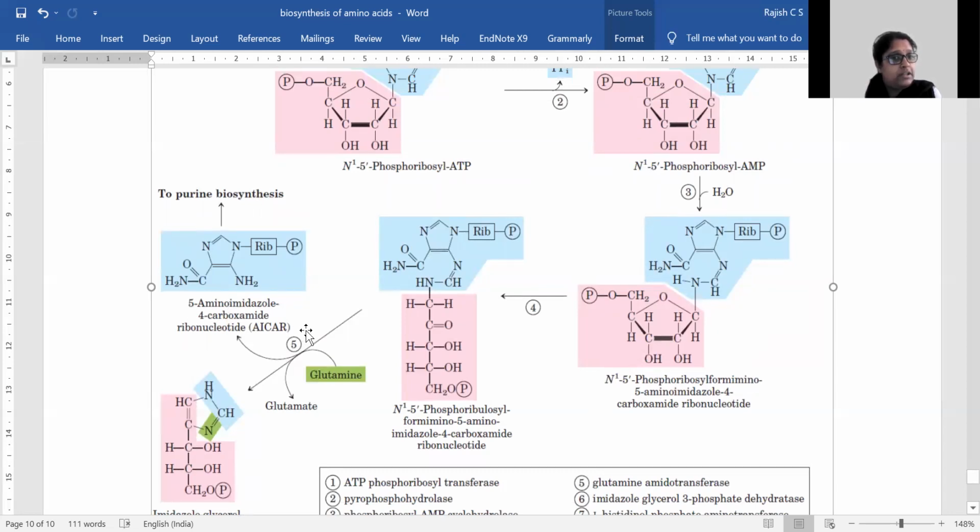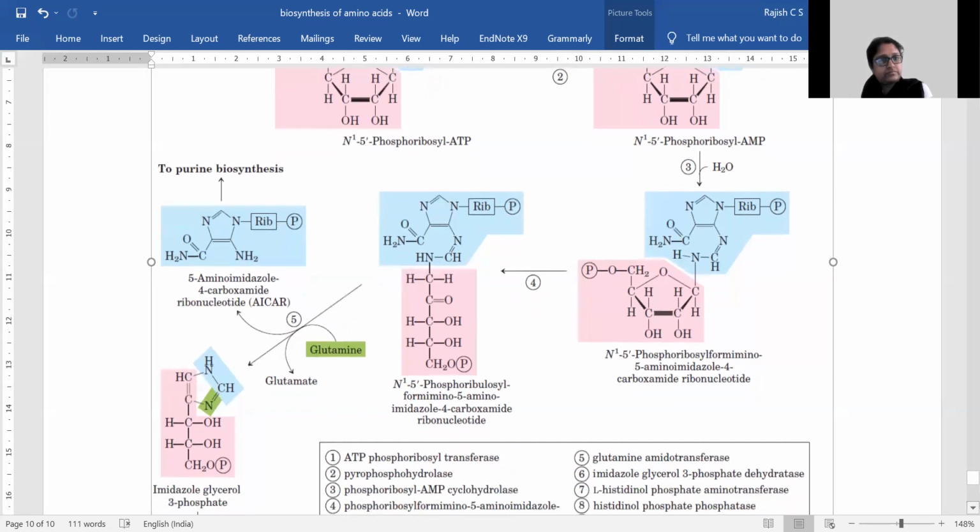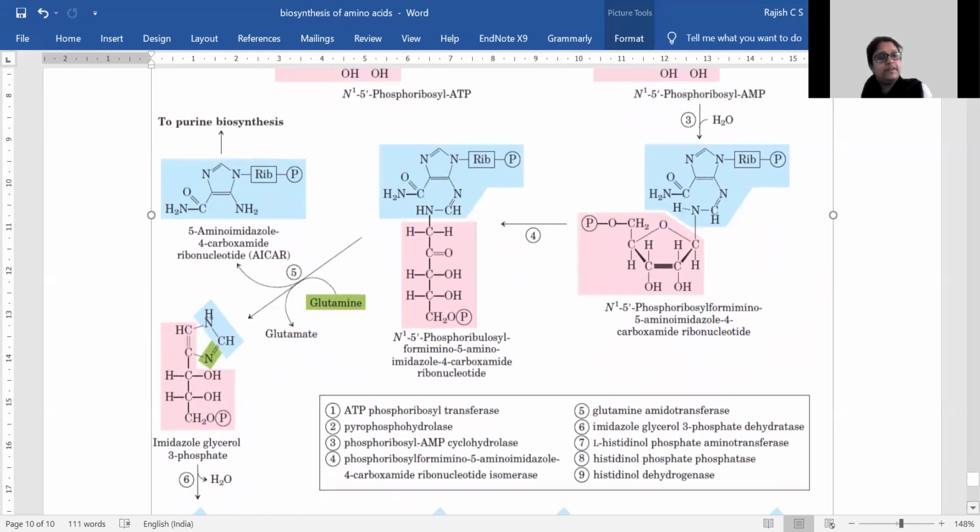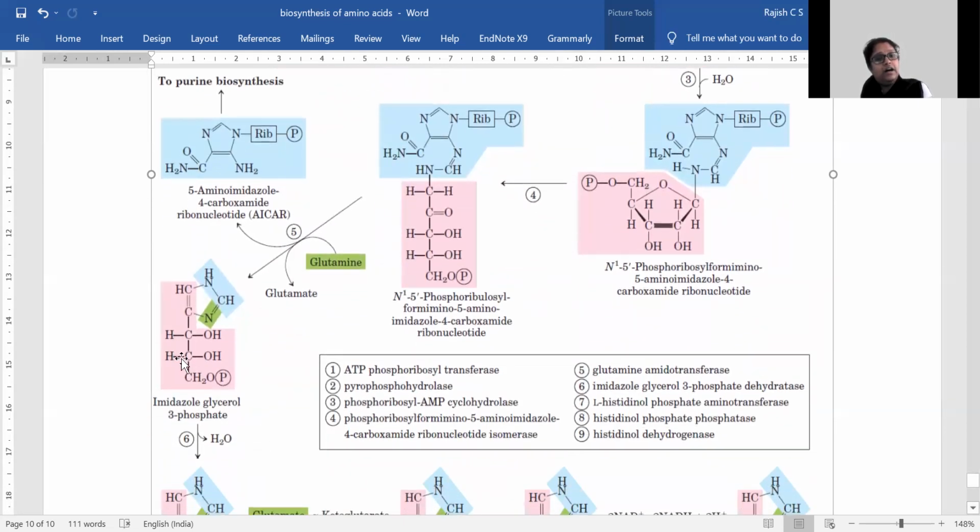So 5-amino imidazole 4-carboxamide ribonucleotide, that is known as AICAR, has various roles in purine synthesis. So that will be taken away for purine biosynthesis, and this imidazole glycerol 3-phosphate will be taken up for histidine biosynthesis.